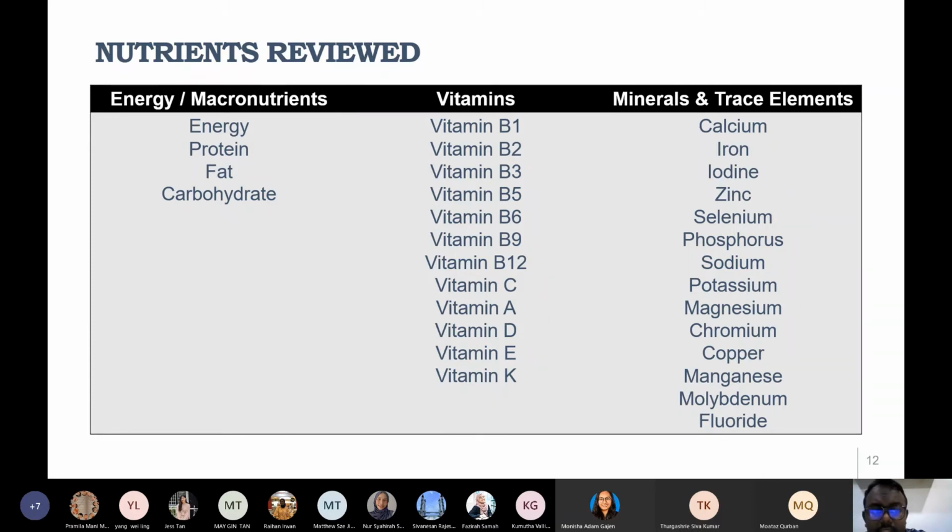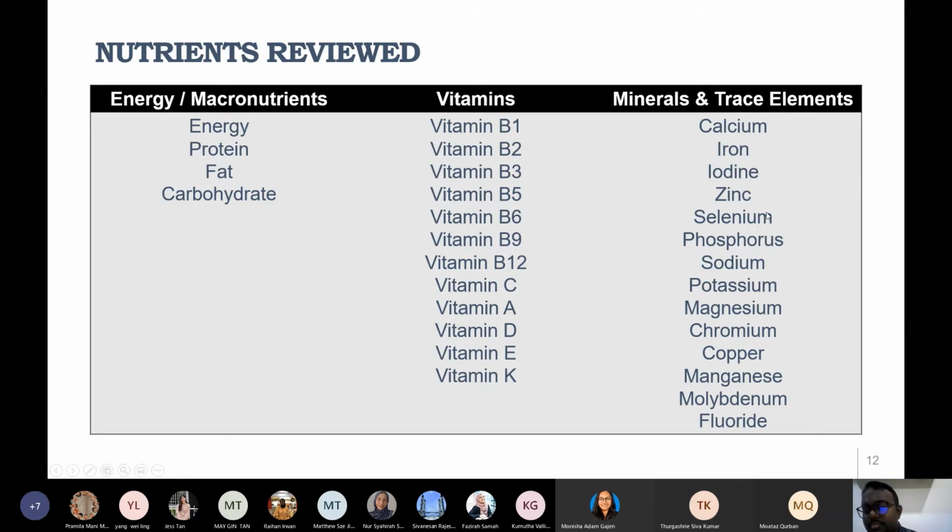So the nutrients reviewed in RNI 2017 are as shown in the slide. So you have macronutrients and energy: energy, protein, fat, carbohydrate, and then you have all sorts of vitamins, B1 until vitamin A, D, E, K, and you have minerals and trace elements from calcium to fluoride.